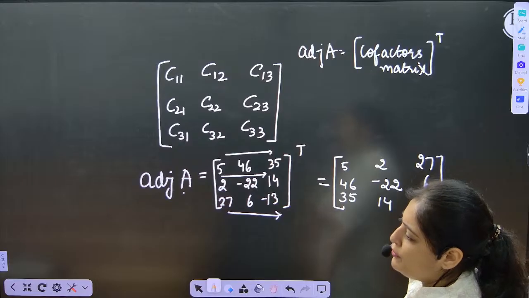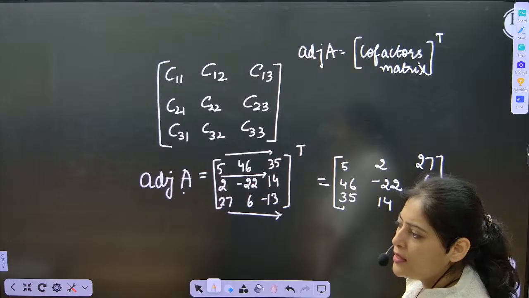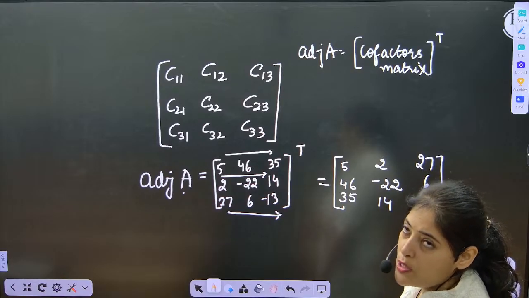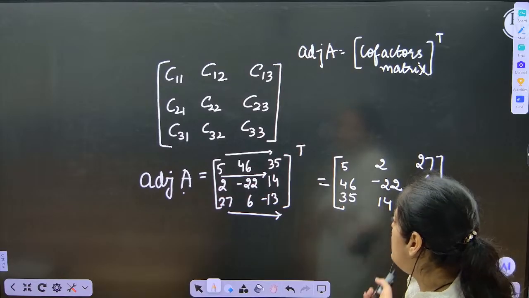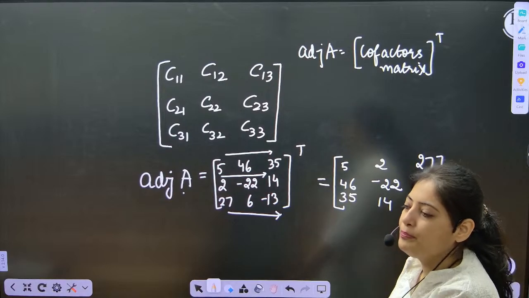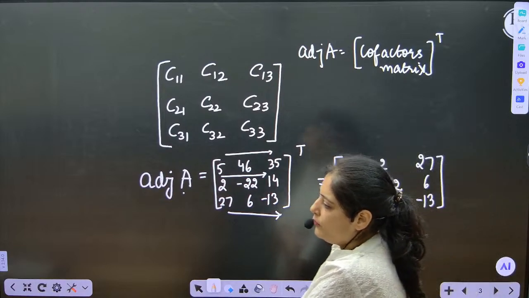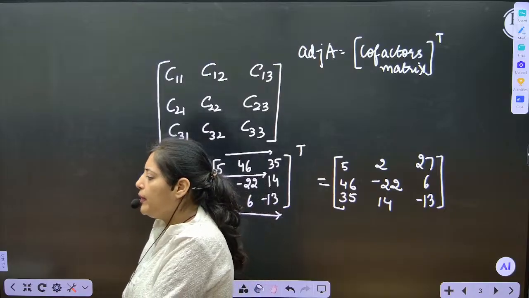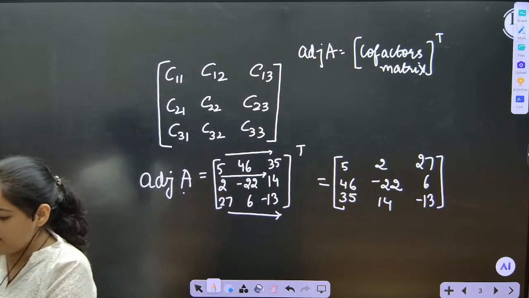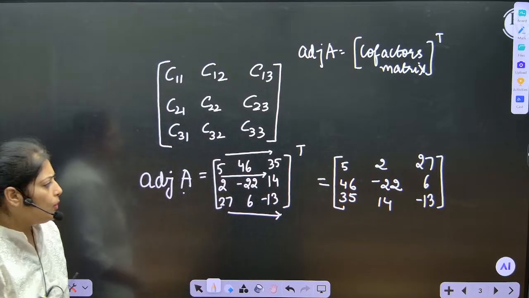And then you have to find the adjoint. How will you find the adjoint? Find the cofactors, take its transpose and get the adjoint matrix. Alright, now I'm going to write a few properties. You have not written.